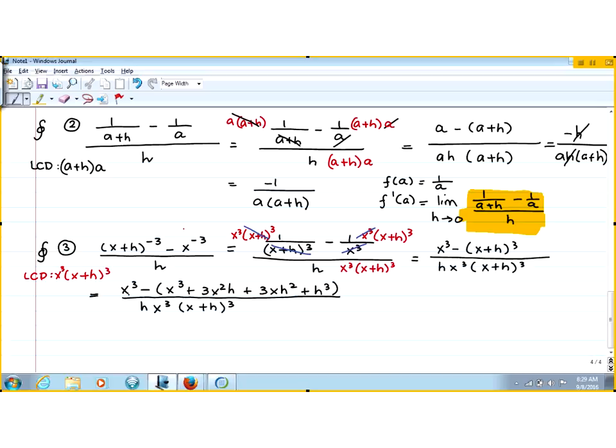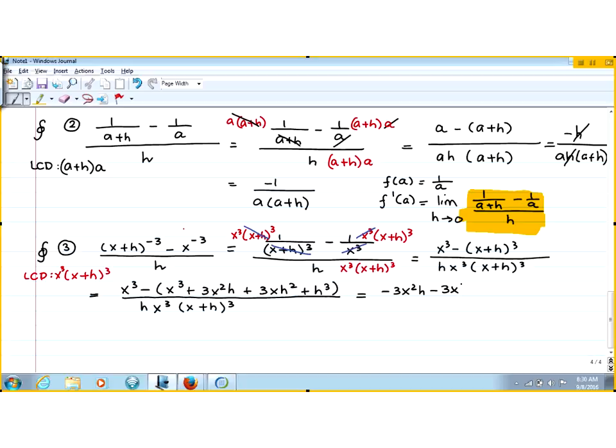Okay, so let's see. How do we simplify the top? The x cubed cancel, but what are we left with? Positive or negative?